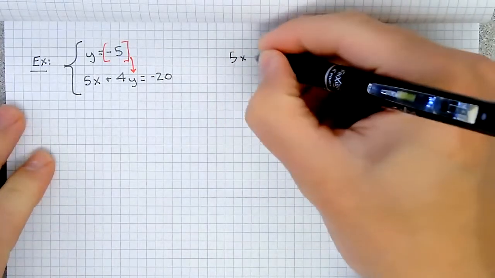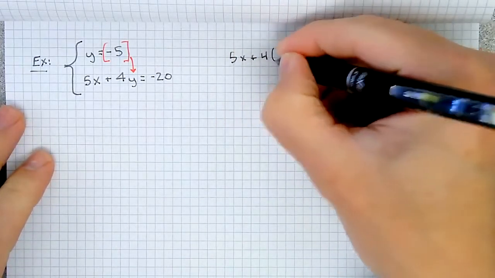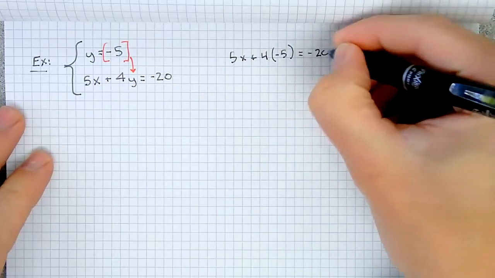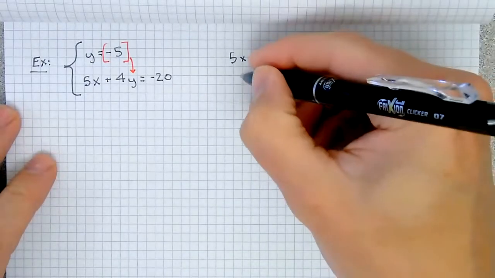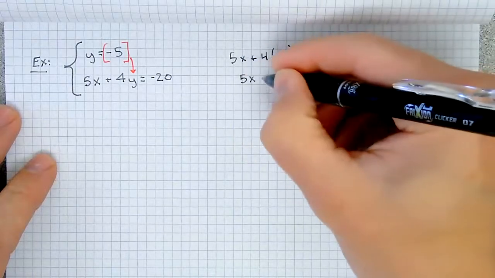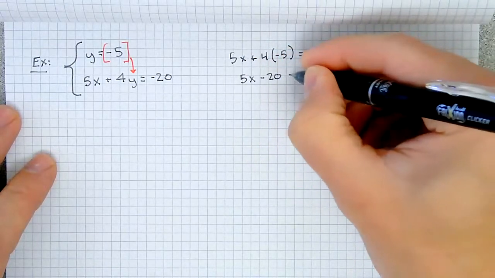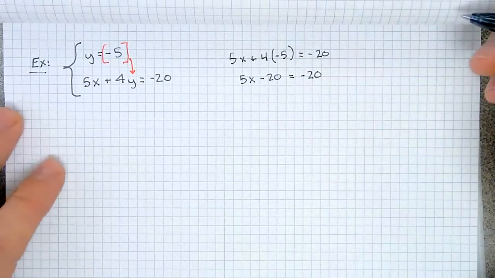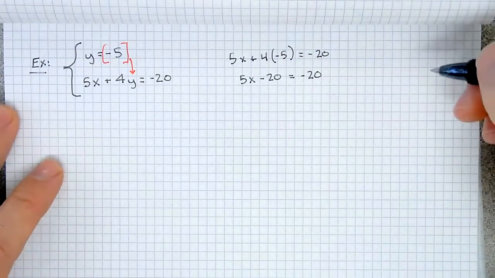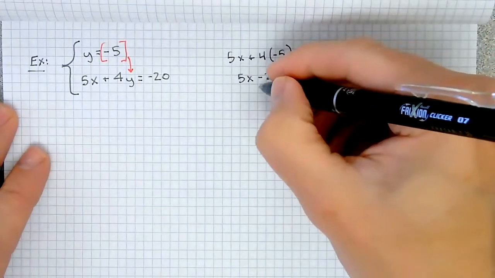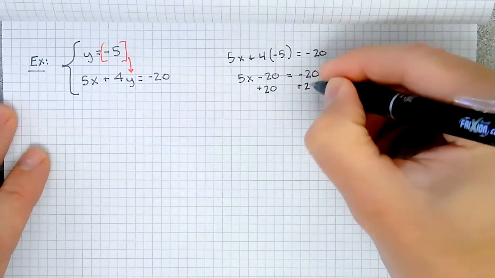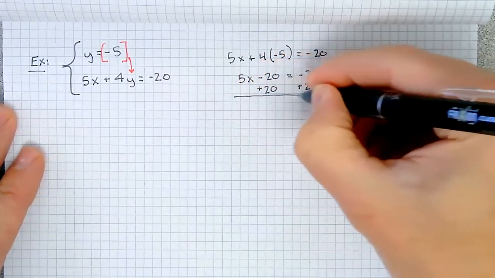So I get 5x plus 4 times negative 5 equals negative 20. 5x minus 20 equals negative 20. Add the 20 to the other side.